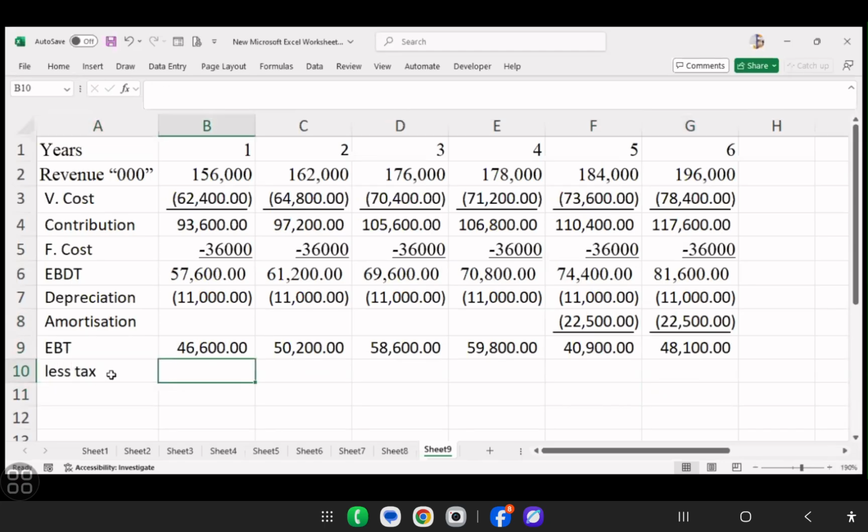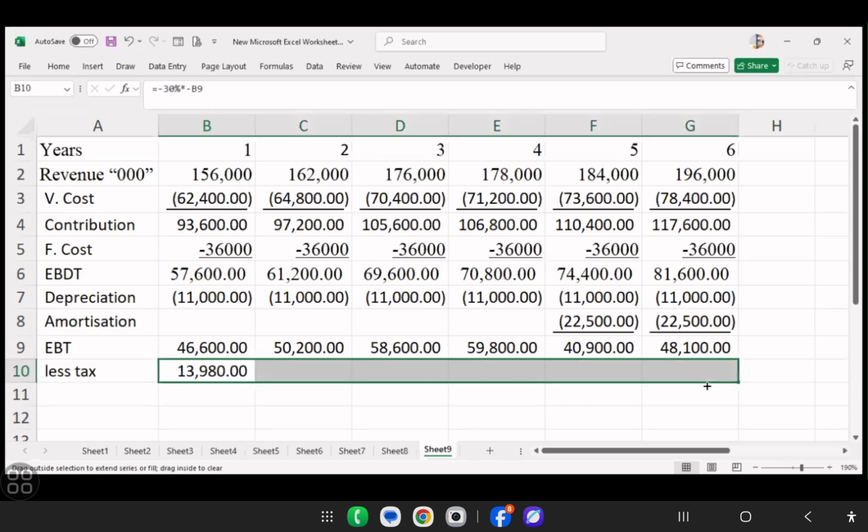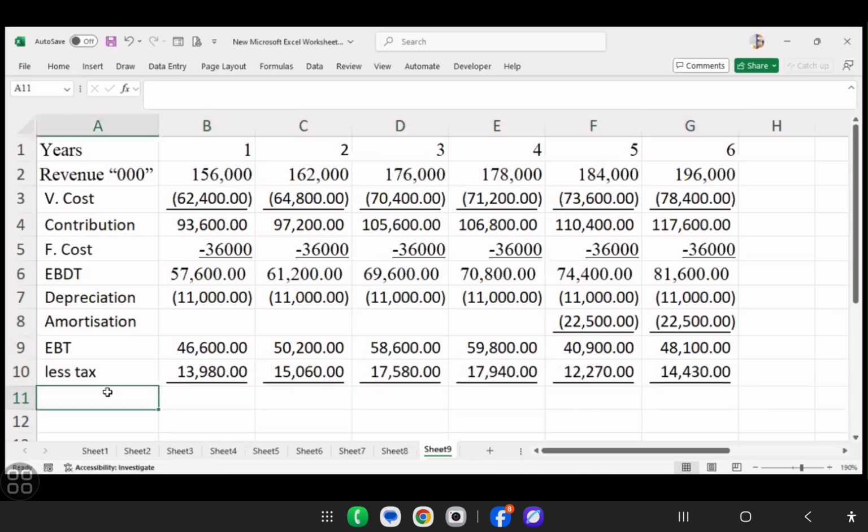This is equal to 30% multiplied by this profit. This taxation will give us the accounting profit, earnings after taxation.